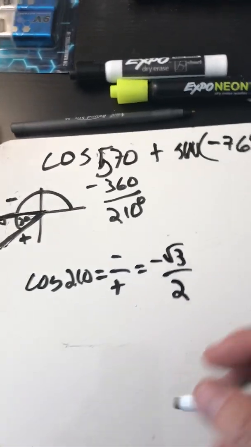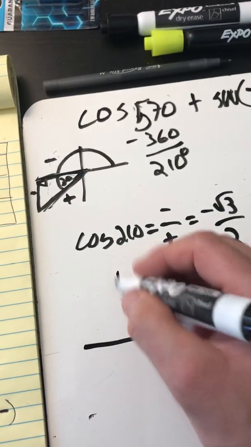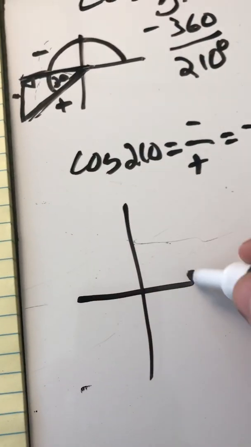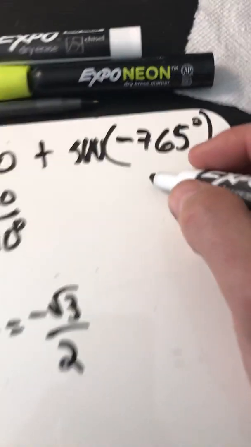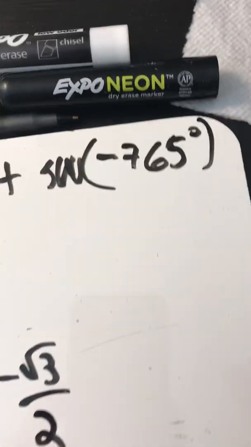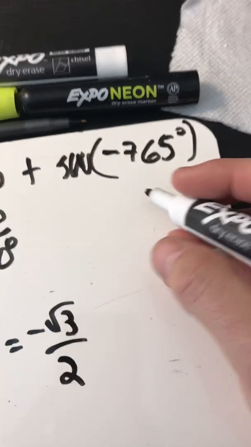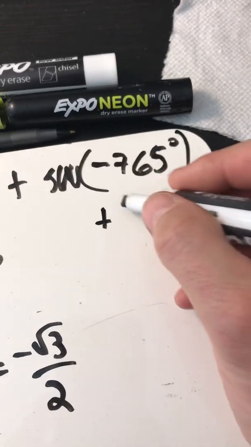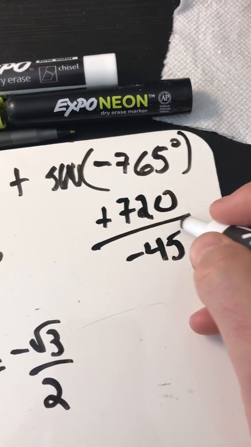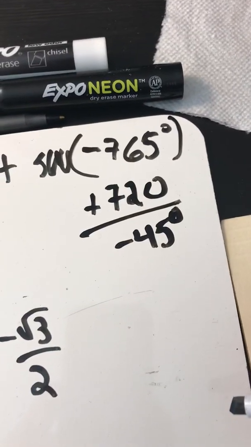Now, sine of 765. Oh my goodness, 765. Well, that's going this way, clockwise, but that's already at least 360. If you do 2 turns, that's 360 plus 360, 720. So I'm going to add 720, and I can clearly see that this is really just negative 45 degrees.